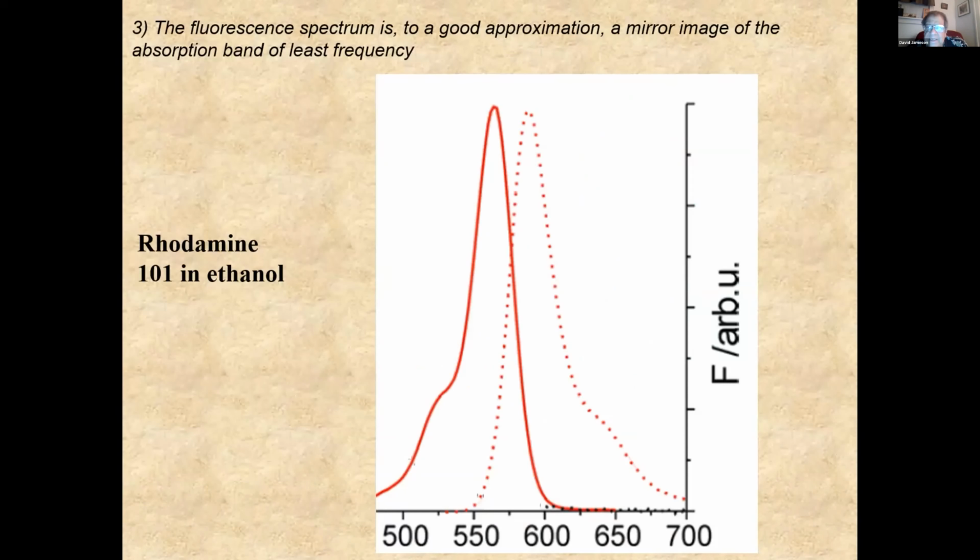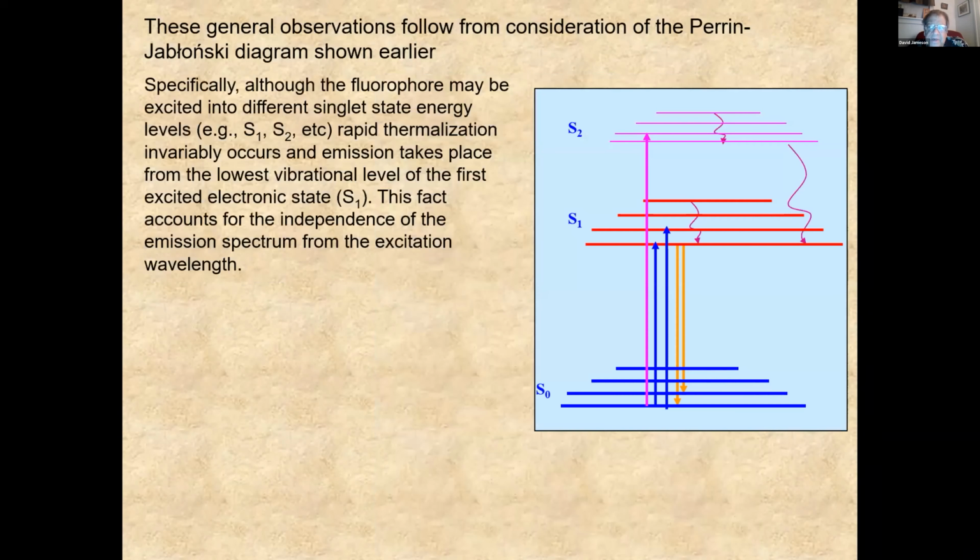And less important is this observation, but to a good approximation, the fluorescence is the mirror image of the absorption band of the last absorption band. And here you see rhodamine in ethanol, and you can see absorption and emission. And that's not so important, but it's interesting because all of these observations follow if we consider the Perrin-Jablonski diagram.